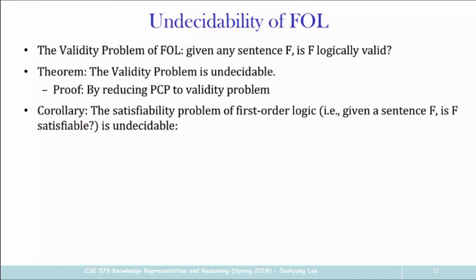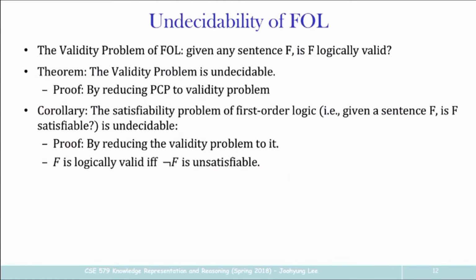The corollary here: I told you that since logical validity is related to other notions in first-order logic, the satisfiability problem is also undecidable. Can you find at least one interpretation that satisfies this formula F? This is undecidable. Why? Because you can reduce the validity problem to it, and the main lemma is this one.